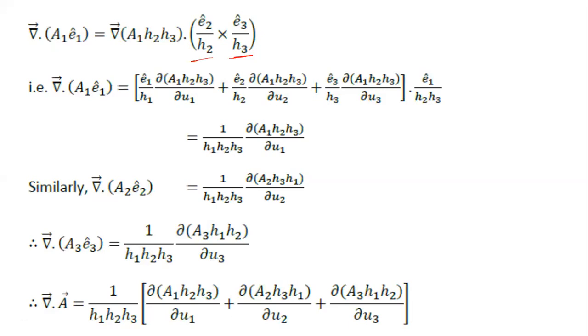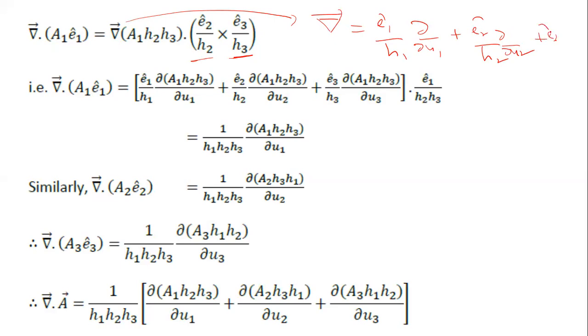Now if you continue here, this is your gradient del operator. Okay, del operator, you know that you can write it as e1 cap upon h1 del upon del u1 plus e2 upon h2 del upon del u2 plus e3 upon h3 del upon del u3.